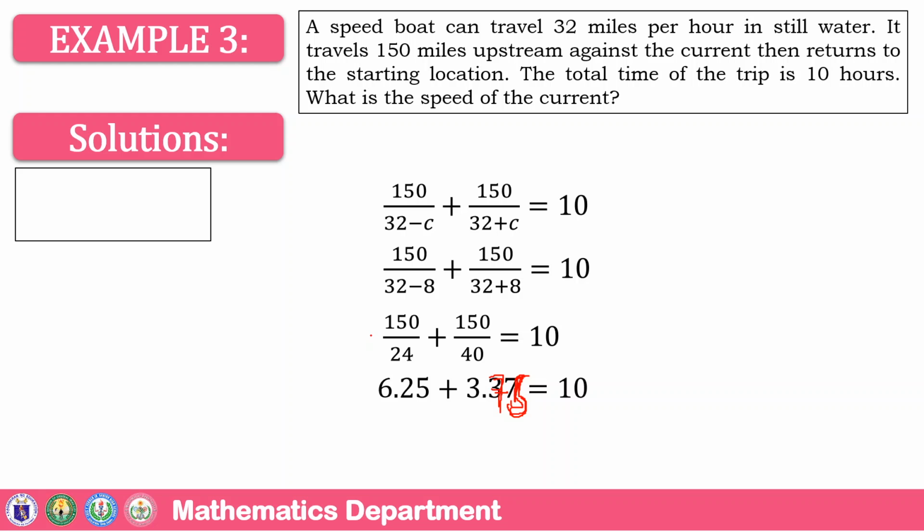Okay, proceed tayo. So, 6.25 plus 3.75, that is equals to 10. Therefore, yung checking natin, that is 10 is equals to 10. Meaning, tama yung nakuha natin na value ni c, which is positive 8.